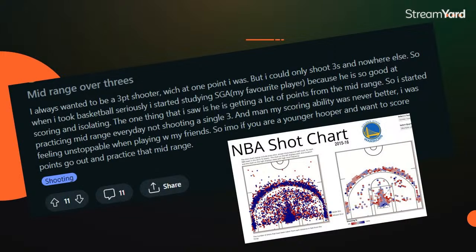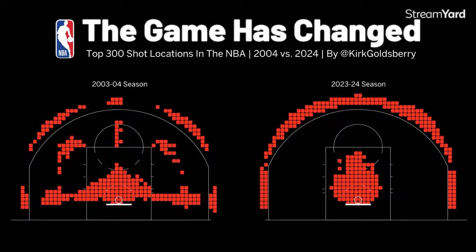On the left is every shot that was taken during that season by the team, and on the right-hand side is the higher percentage areas. What you notice is there are a lot of threes and a lot of stuff in the paint. And there's a good reason for that, because as the game's changed and evolved, we're seeing different types of shot come into the game.